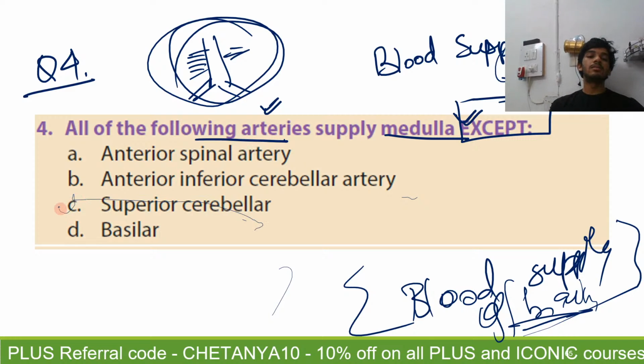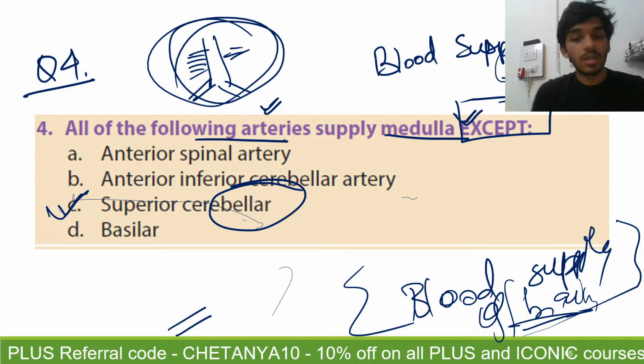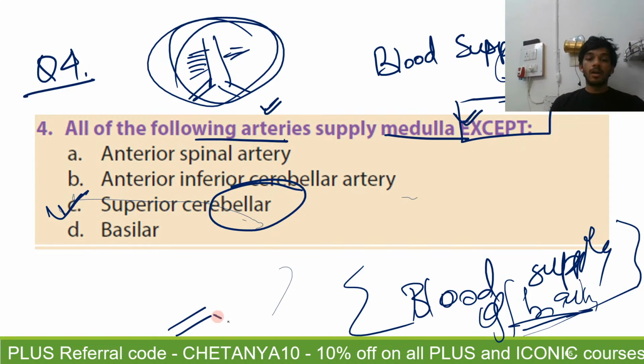Anatomy 3D Atlas is saying the answer is C, posterior cerebral arteries. So should I trust Anatomy 3D Atlas and assume that he has given the right answer? Yes, absolutely. Vidushi has also confirmed that the answer is superior cerebellar artery. Why? Because see, these were your vertebral arteries.